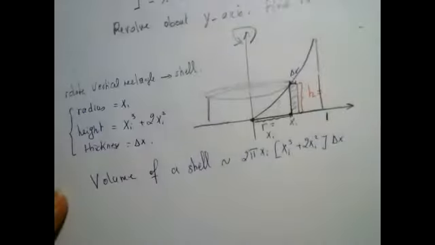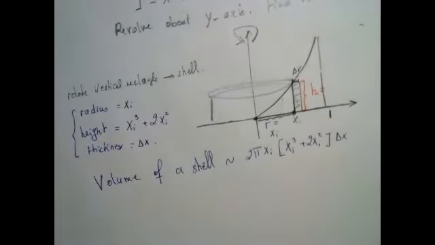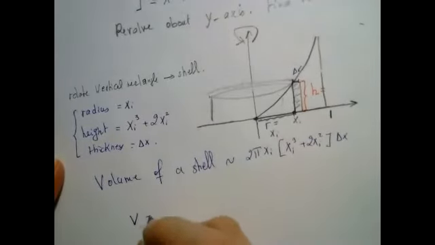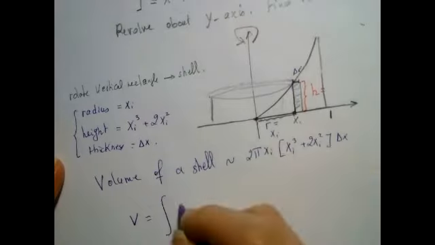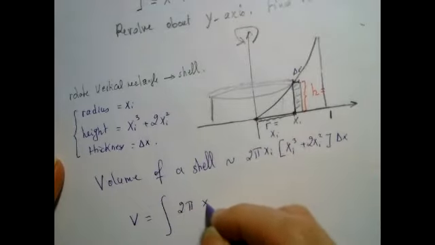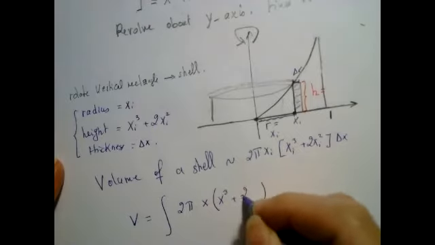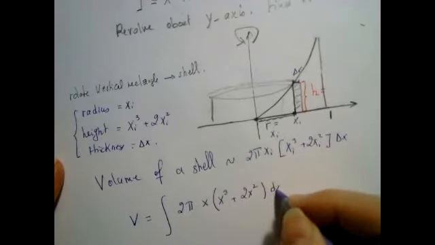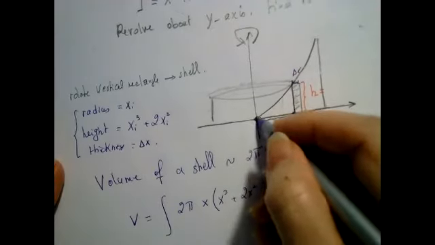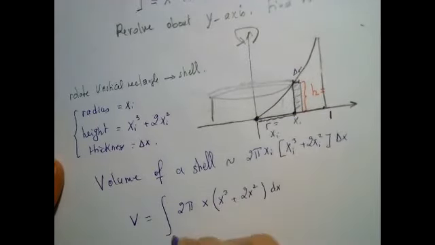We're adding little volumes that are covering the region. So the total volume is going to be 2 pi integral of x times x cubed plus 2x squared dx. And in this particular case, to cover this region, I have to go from 0 to 1.